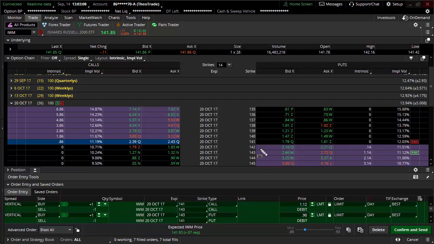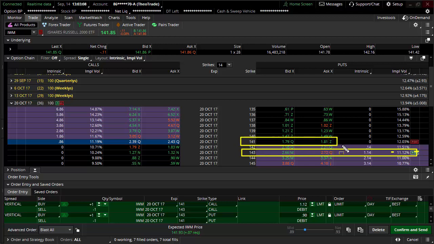You're buying the 143s. The 143s have about an 11% implied volatility, and you're selling the 141s, which have a 12 vol. Now, that doesn't seem like much. You're splitting hairs over what? Right now, it's about 0.9%. The differential between 12% and 11% is about 0.9%.